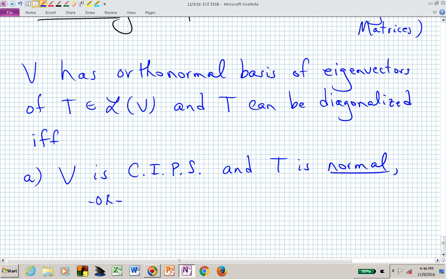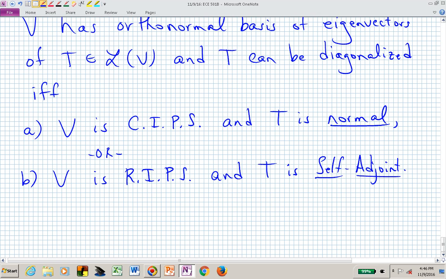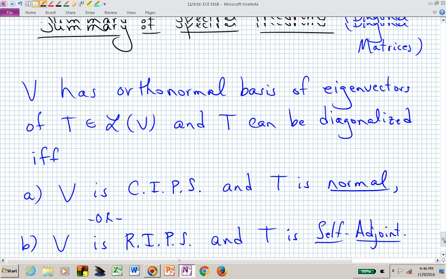Or, if our inner product space V is real, and T is self-adjoint, then we can diagonalize these operators, which is maybe a little bit restrictive.